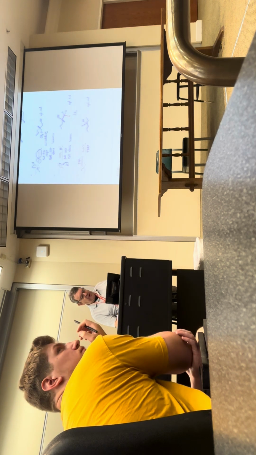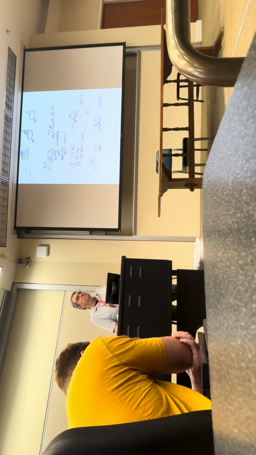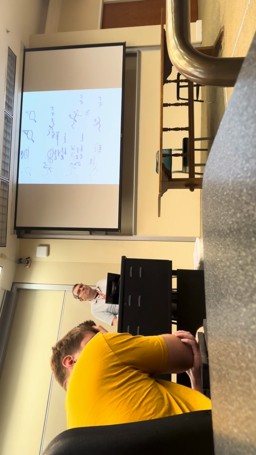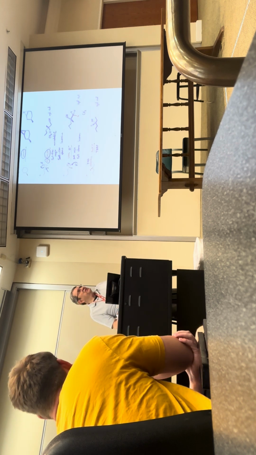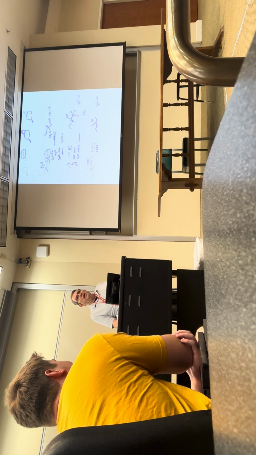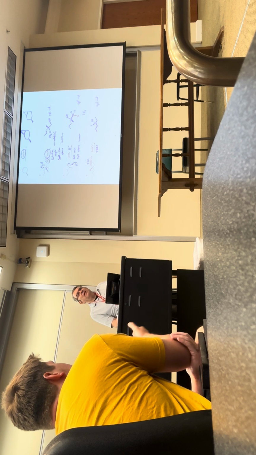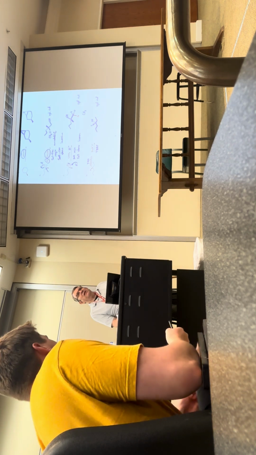All right, so are there any questions about predicting products? The epoxides are probably the trickiest one, and like I said, for the most part, think of the acidic conditions as giving you SN1-like products.